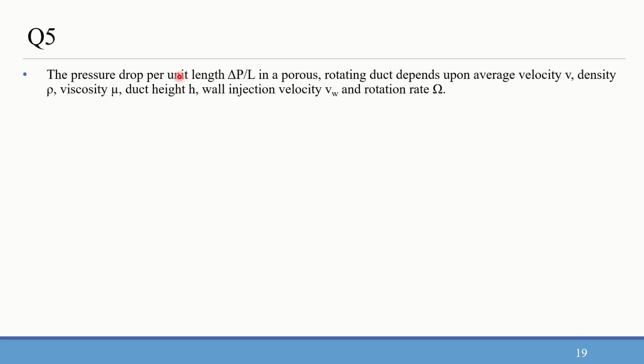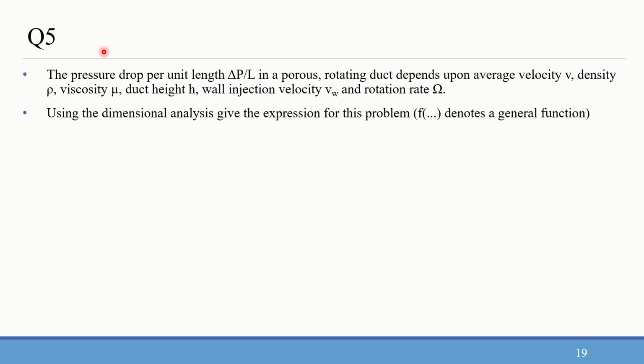So we have a porous, rotating duct, and the pressure drop inside it is delta P by L. It depends on average velocity V, density rho, viscosity mu, duct height H, wall injection velocity VW and rotation rate sigma. Now using dimensional analysis, give the expression for this problem where f denotes the general function.